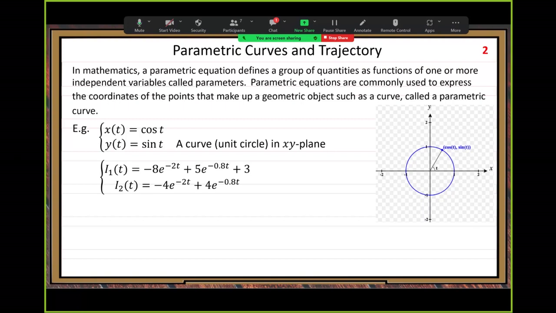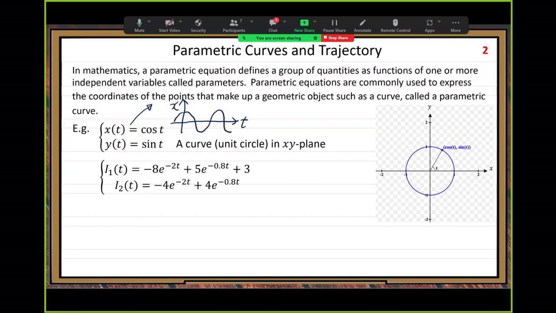Before we look at our current question, I'd like to explore this example a little more. First, if we look at the t-x plane, the x coordinate, this cosine curve is like this.